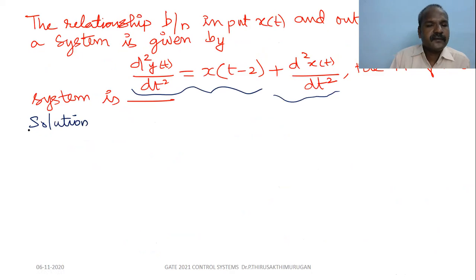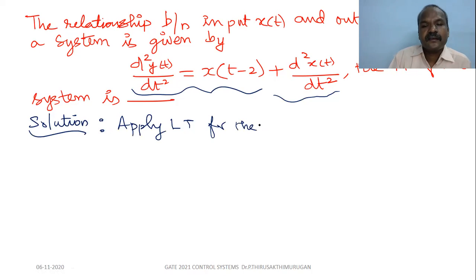apply the Laplace transform to the equation. So what do you get?